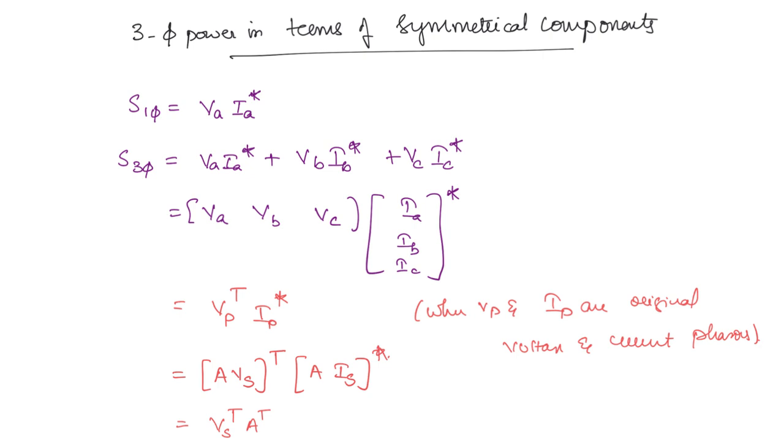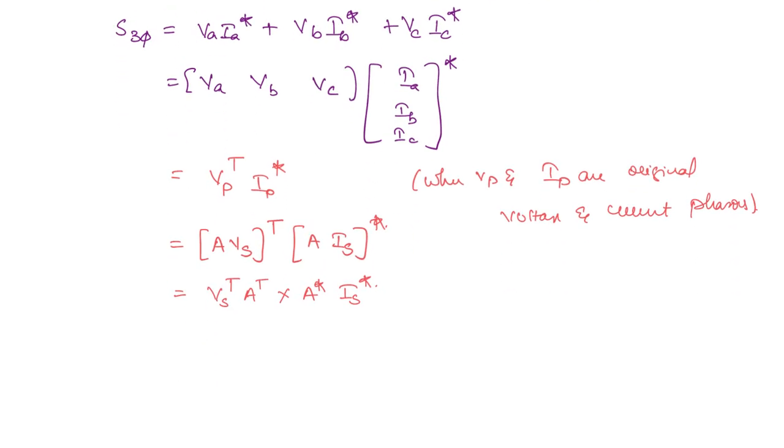Using that we have written this expression, and the conjugate will anyway be as it is, A conjugate Is conjugate. Now if you calculate this A transpose into A conjugate, the final expression you are going to get is a scalar matrix like this.